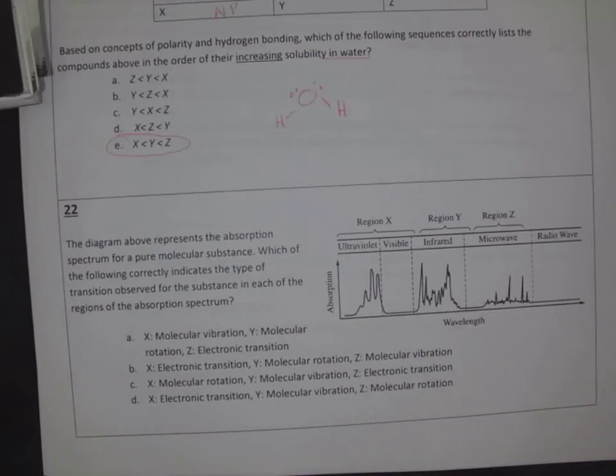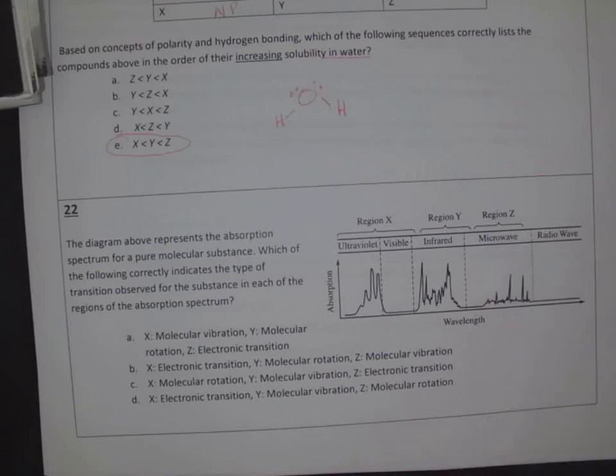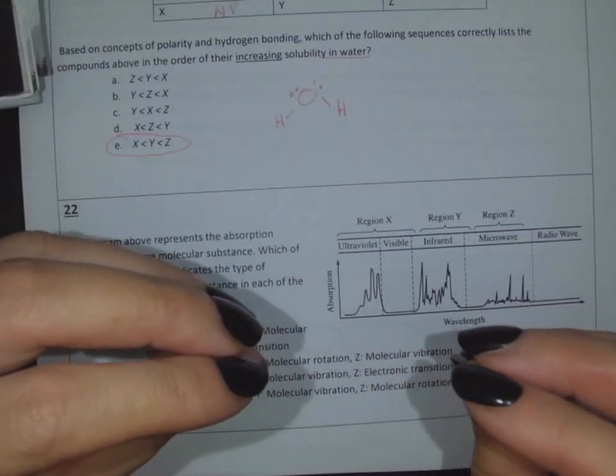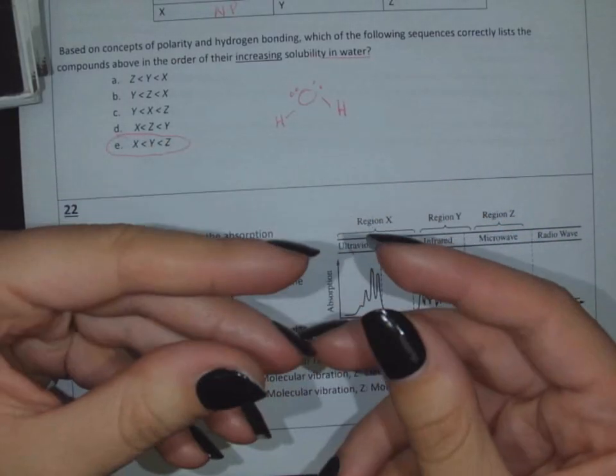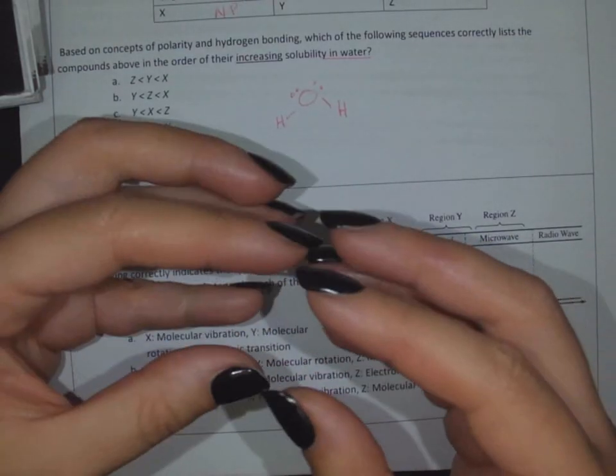If a molecule absorbs this lower one, then it can cause, is it the vibrations or the rotations? I think it's rotations. It can cause a molecule to rotate where it's at. Okay? Like it doesn't take a lot, it just causes it to rotate.